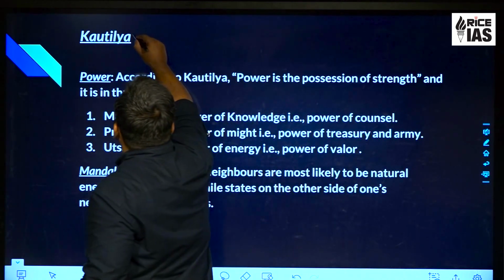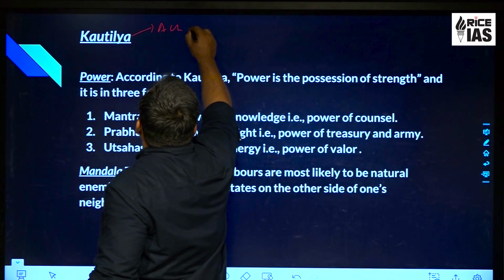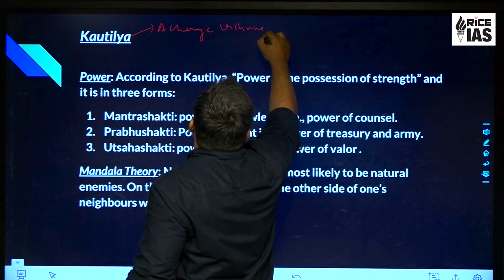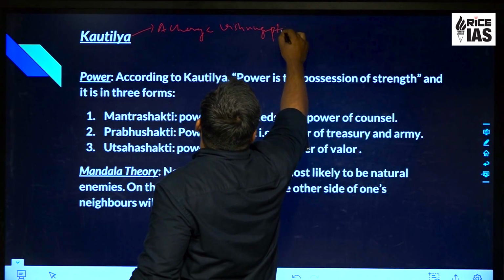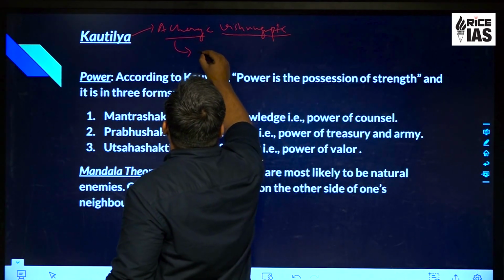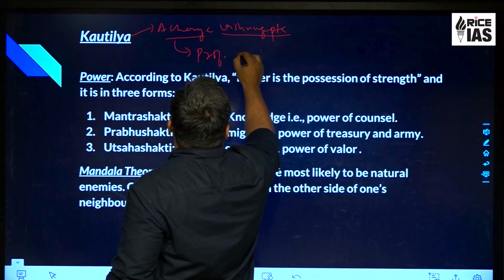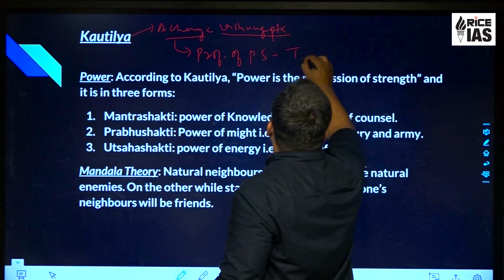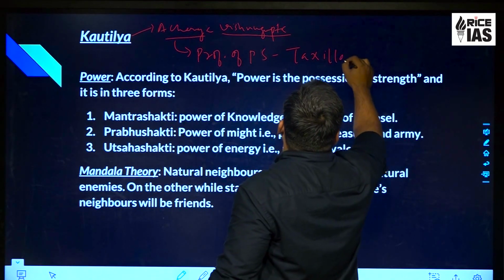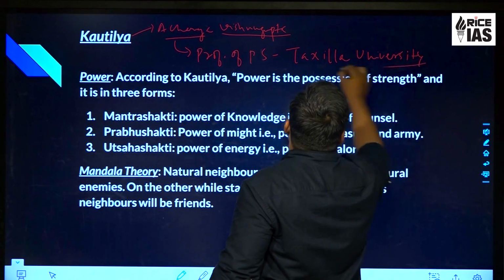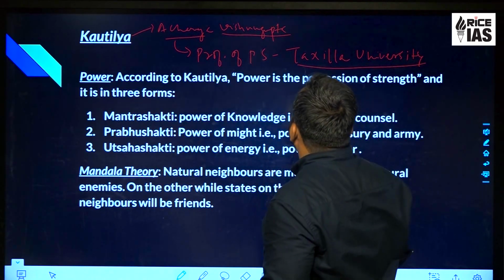So Kautilya is also known as Acharya Vishnugupta. Acharya means a teacher. Where exactly was he teaching? He was a professor of political science at Takshila University. He also had connections with the university at Nalanda.